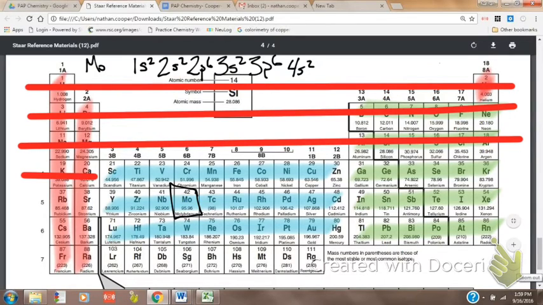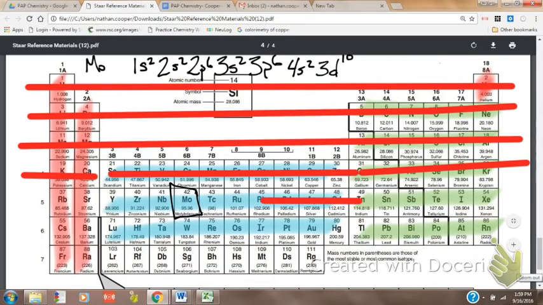The rule for the d block is to subtract 1 from the energy level you're on, so I am in the 3d. I go all the way through the d block, so my 3d orbital is completely full at 3d10. I continue into the p block now at gallium, but since the p block is part of the 4th energy level, I have to increase my level back to 4. So once I leave the 3d, I go back to the 4p, and that is completely full.